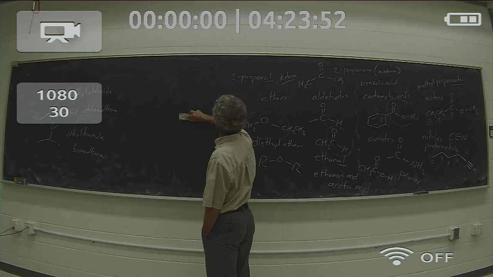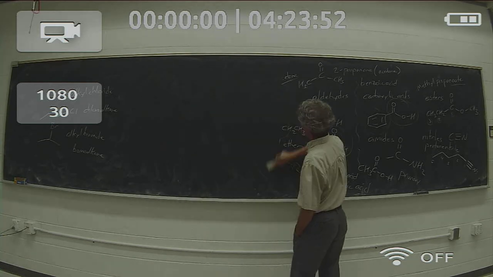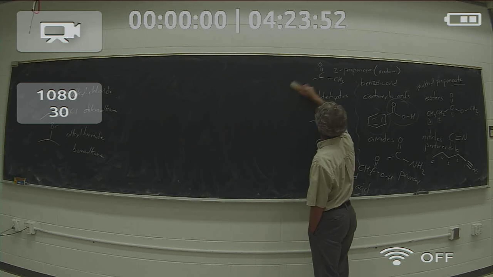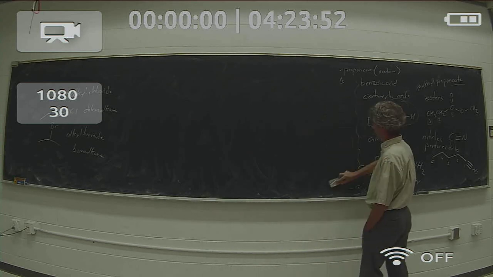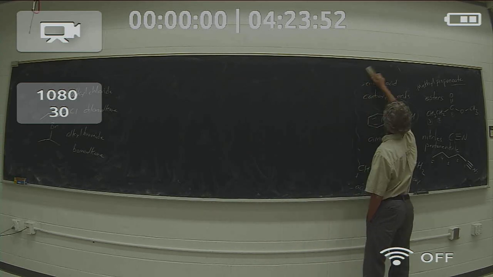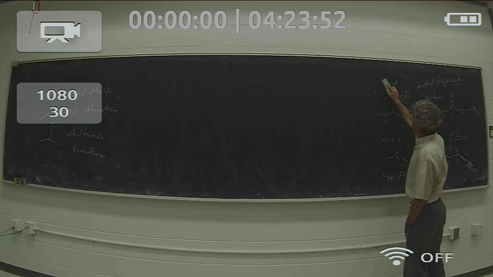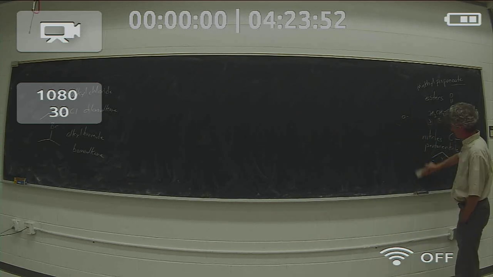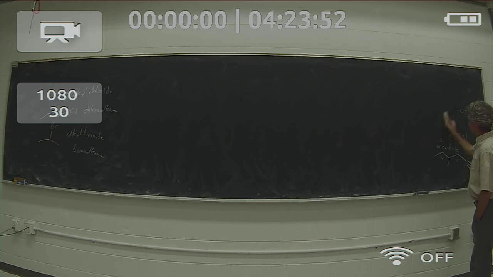So I could ask you at this point to name those compounds. In both cases, what you're looking for is the longest chain that contains the halogen, that has the halogen attached to it. And we're looking at 3 carbon chains in both of those cases. And then we will identify the location of the halogen with a number set apart from the letters of the name by a dash.